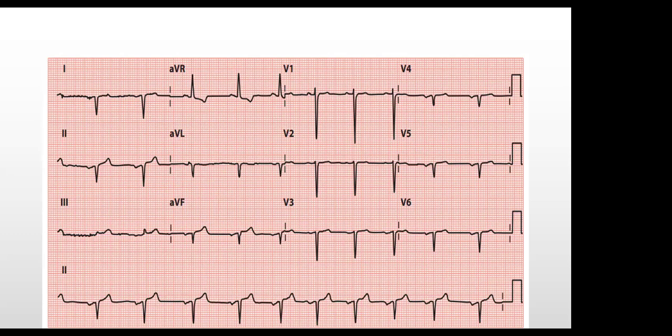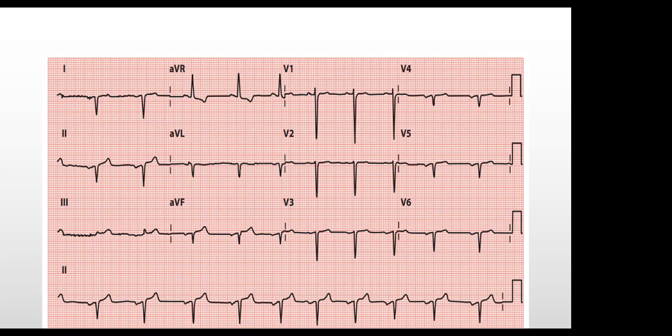Okay. Hello. Sorry, sir. Before you, Dr. Waller said about low voltage. Are V5, V6 low voltage? Is it because of the negative deflection? I don't know how to put it.